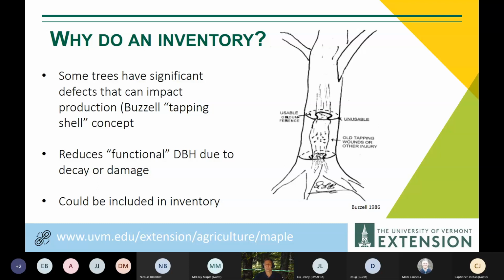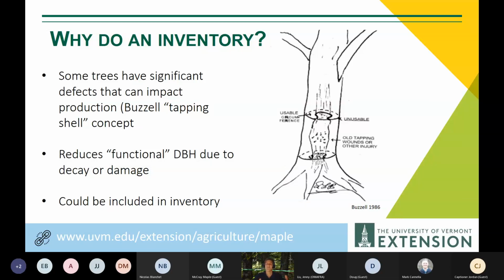Another thing to keep in mind when you're measuring the taps is if some trees have significant defects. Here's an illustration done by George Buzzell, who was a county forester in Vermont, and he really wanted to get people thinking not just of a tree as a tap, but almost as a tapping shell. So there's conductive tissue there.